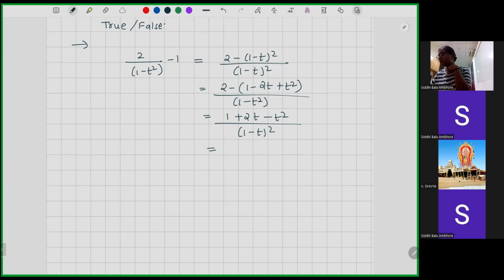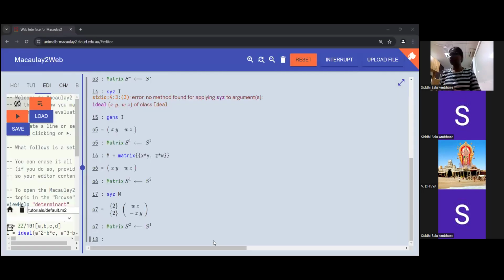And we have to now calculate it in Macaulay 2. Just a second, let me share the screen here. Question is correct so far, right? Yeah, so we have to find it in Macaulay 2.